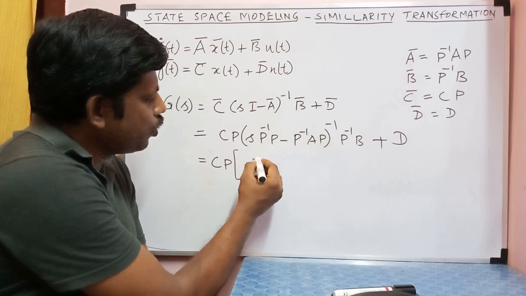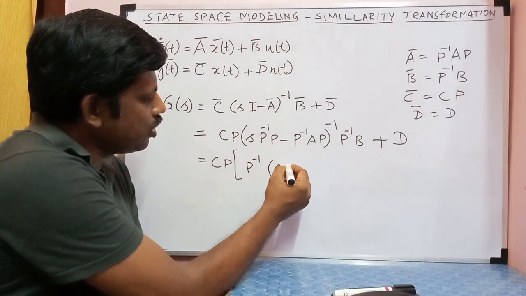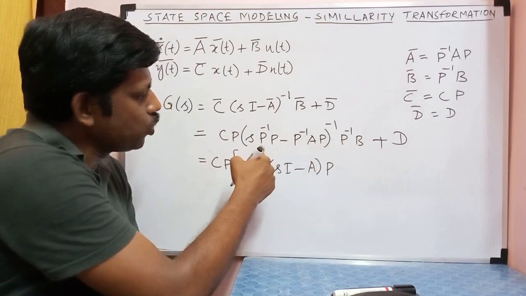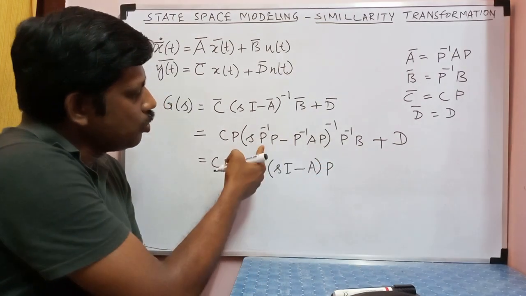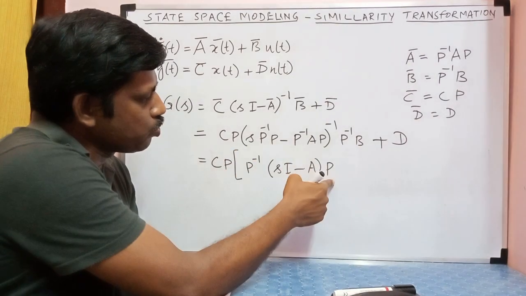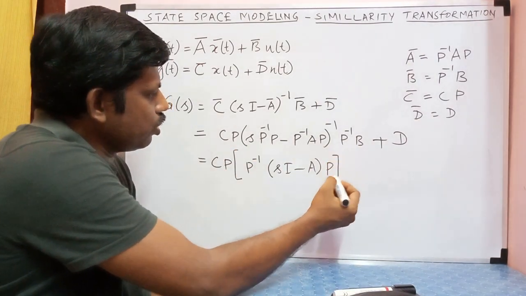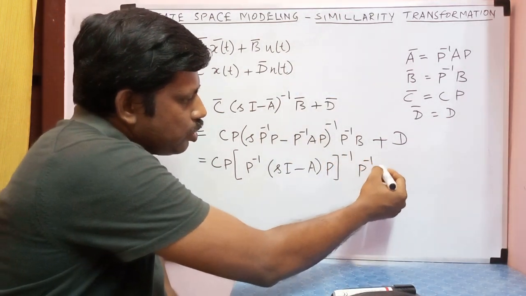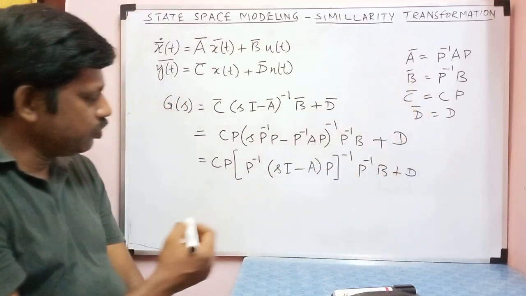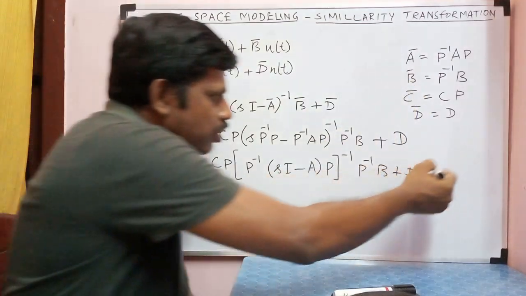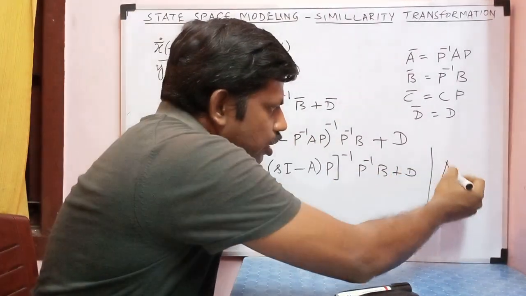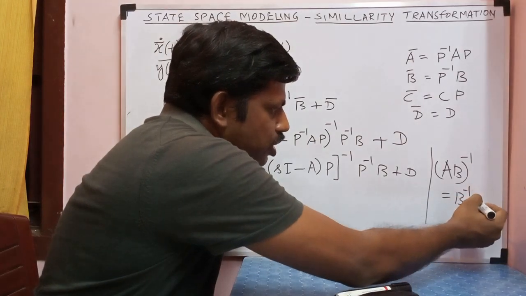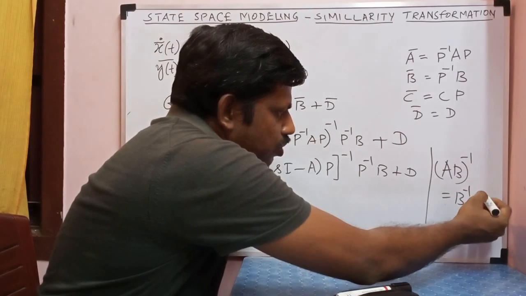Therefore, P inverse (sI minus A), as I did previously, I am going to take both P inverse and P, pre-multiply by P inverse and post-multiply by P, the whole thing inverse, P inverse B plus D. Hope you are aware that (AB) inverse is equal to B inverse A inverse.